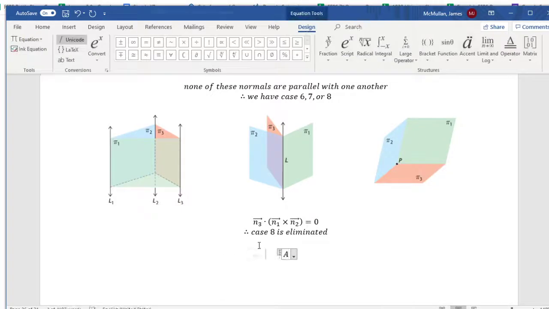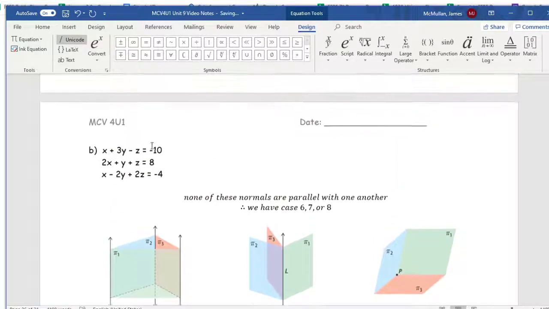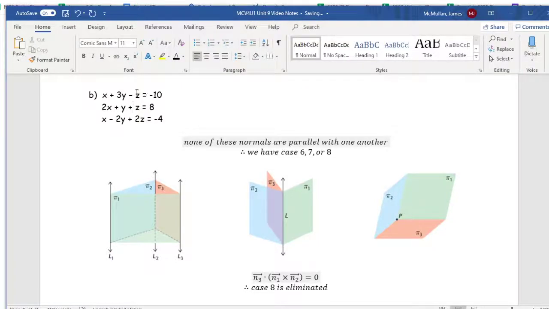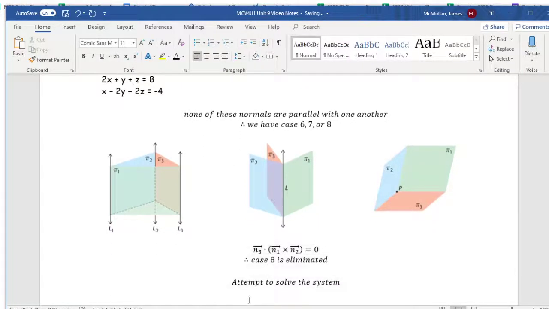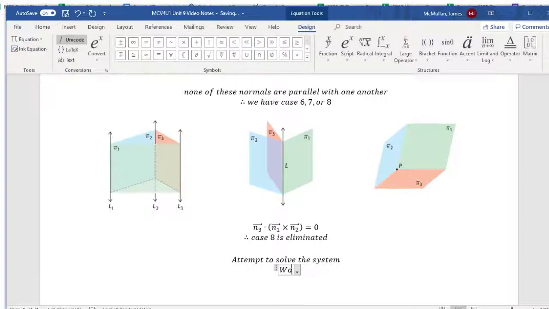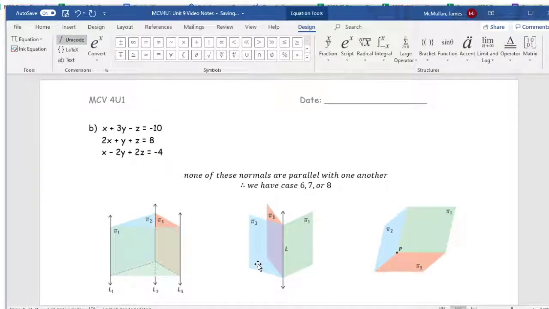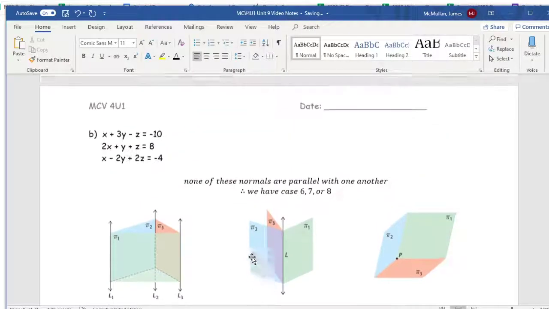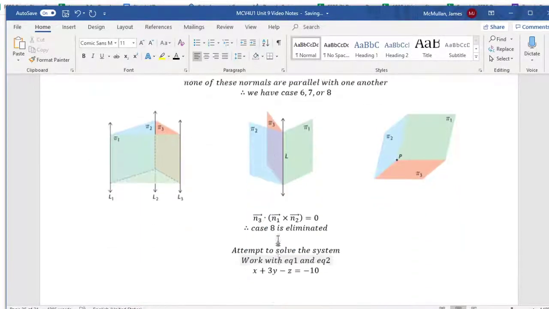So what we're going to do is attempt to solve the system. Let's do the usual thing. Equation 1 and equation 2 would work nicely because I could just add them together to get rid of z. So the first equation, x plus 3y take away z is negative 10. Second equation, 2x plus y plus z equals 8.